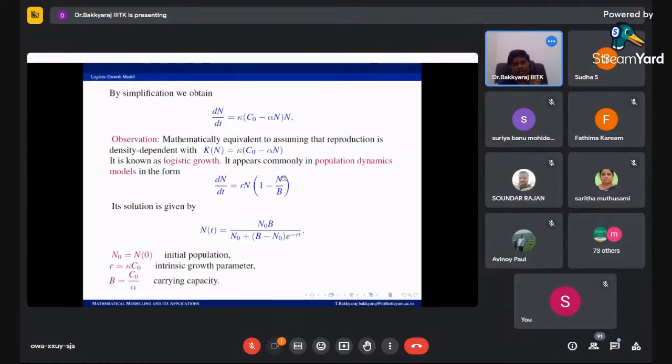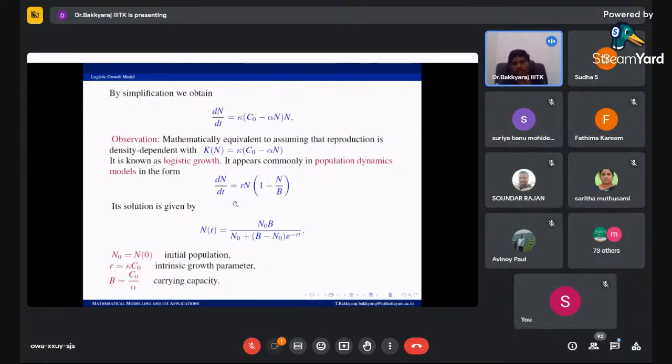Here we understand that k, the reproduction rate, also depends on the density itself, on N. That is where we get the nonlinearity. We can rearrange the terms and rewrite this model like this.